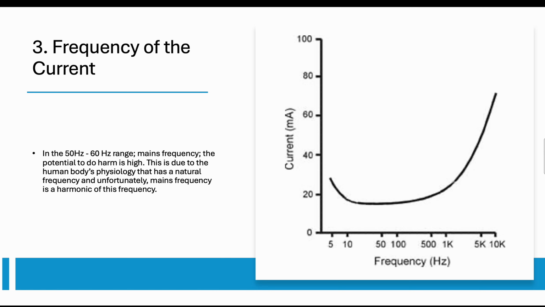They operate between 0.5 to 3 megahertz of electrical current. This allows the diaphragm to avoid the normal human body's frequency, which allows the body to be unaffected during the surgery.